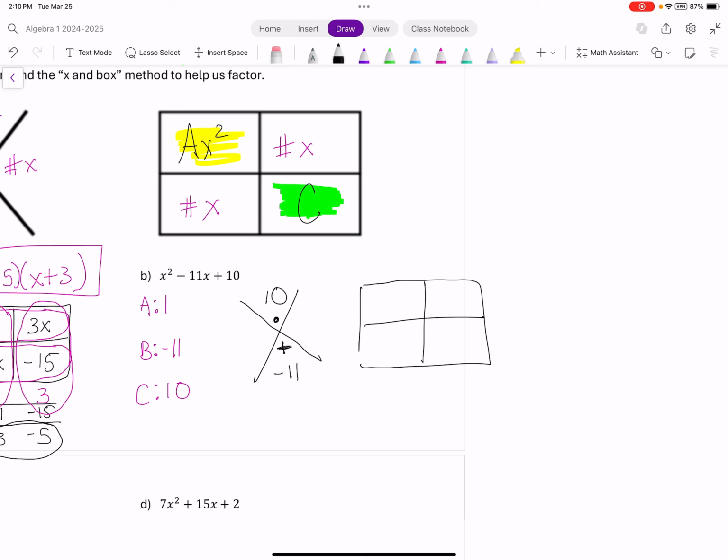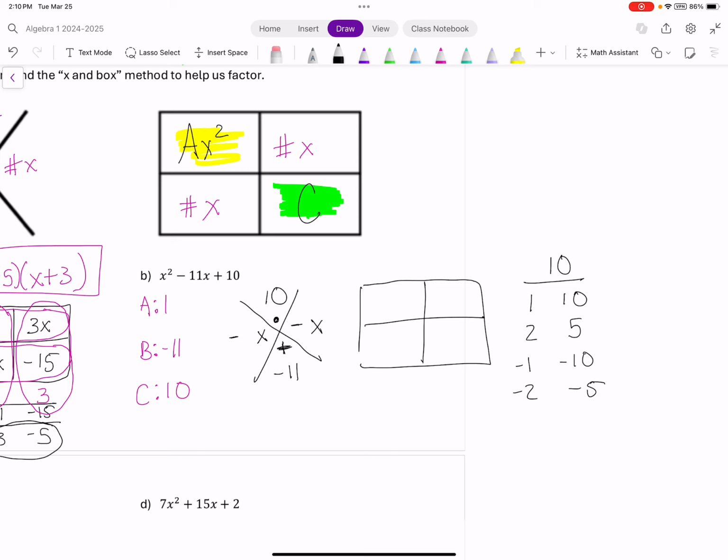So this is going to tell me that I'm going to have two negatives. Okay, so to multiply to 10, we would have 1 and 10, 2 and 5, but we could also have negative 1 and negative 10, negative 2 and negative 5.